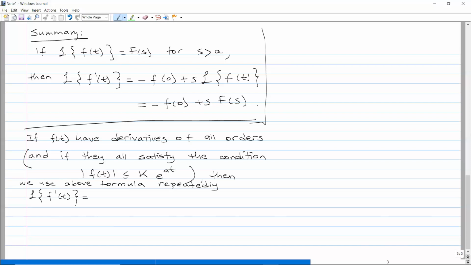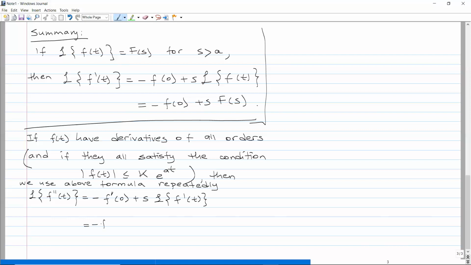So the second derivative is the derivative of the first derivative. So we use the above formula where f is replaced by f prime and f prime is replaced by f double prime. So this is minus f prime 0 plus s times Laplace transform of f prime.